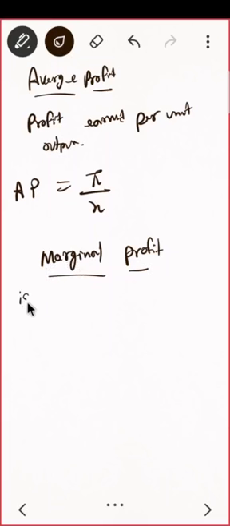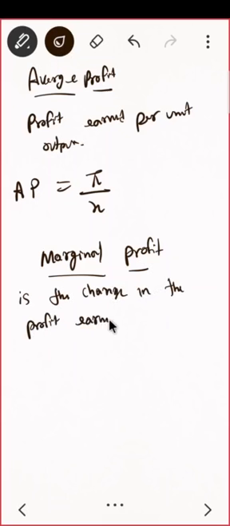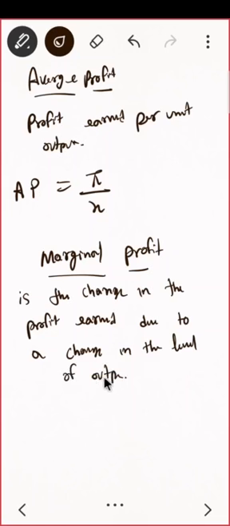So it is the change in the profit earned due to change in the level of output. So that means MP, marginal profit, is denoted by the derivative of pi with respect to X, something like this. Okay. So this is marginal profit.